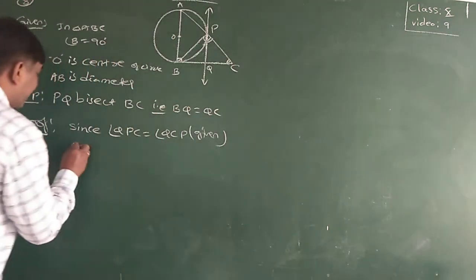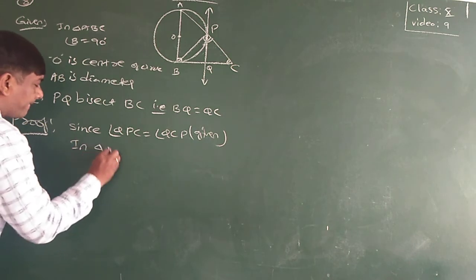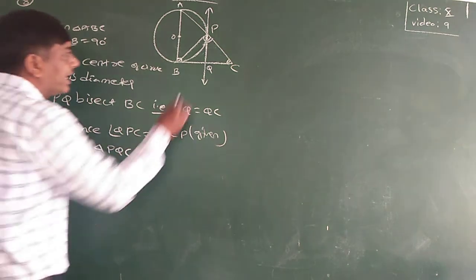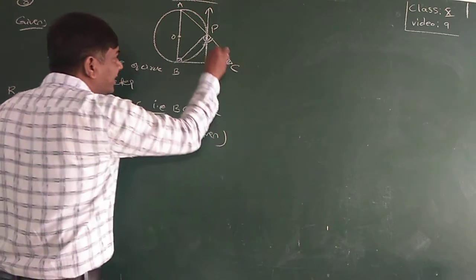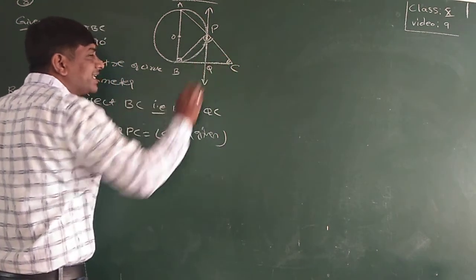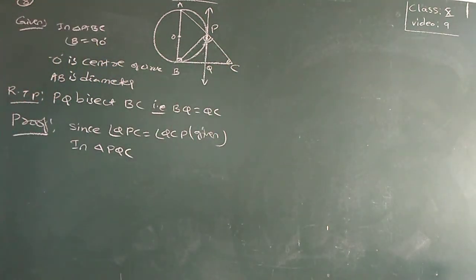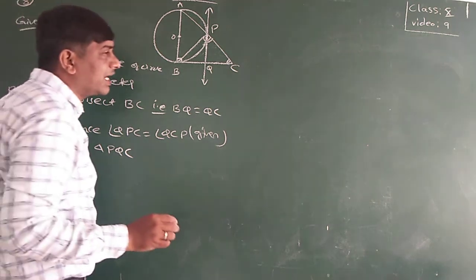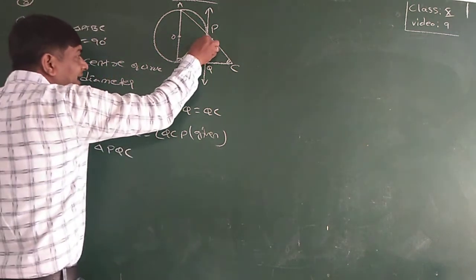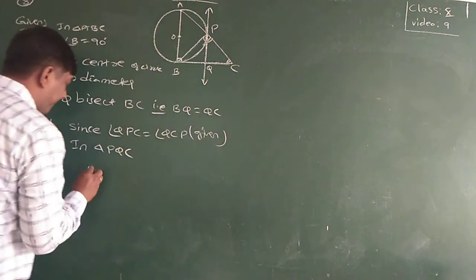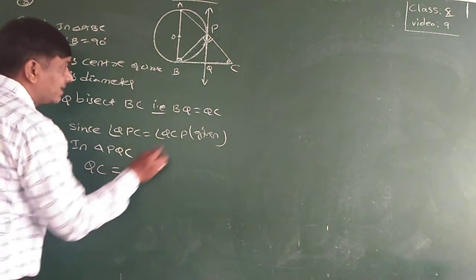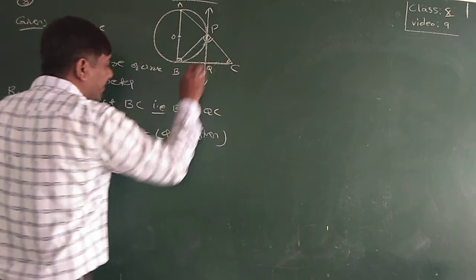So in triangle PQC, these two angles are equal, which means their opposite sides are equal. This P angle's opposite side is QC, and the C angle's opposite side is QP.